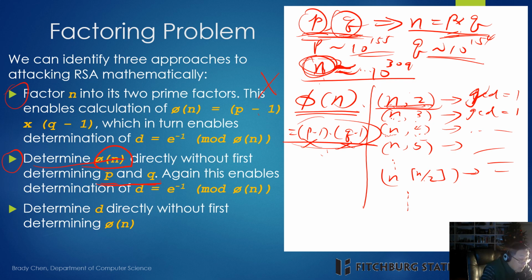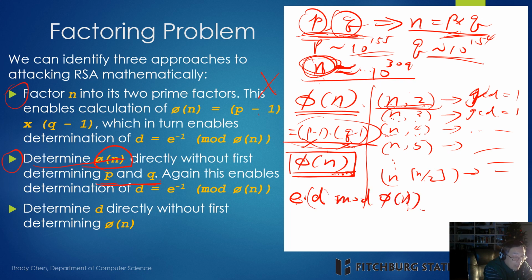Once they got the phi of n, they can easily find the pair of keys, because one of the keys is the public key, E. If they already know E, and they can figure out the value of the Euler's totient function of n, then they can easily find the multiplicative inverse D of E mod phi of n, because they know phi of n and E, so they can determine D using an algorithm.